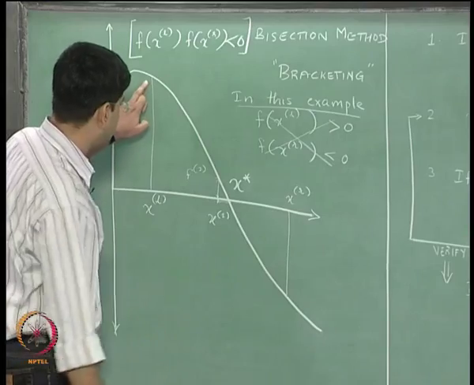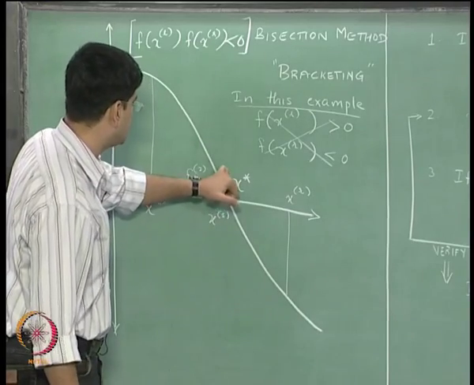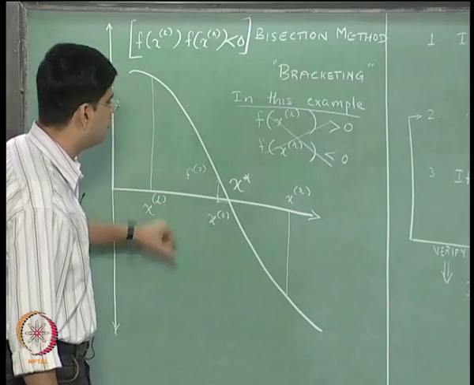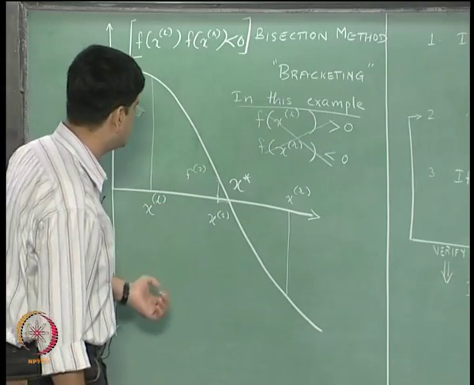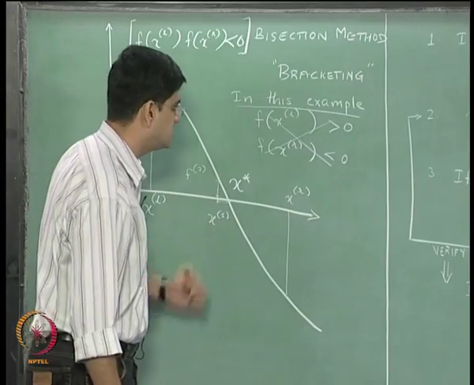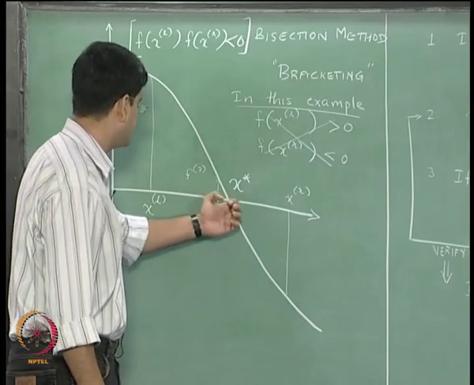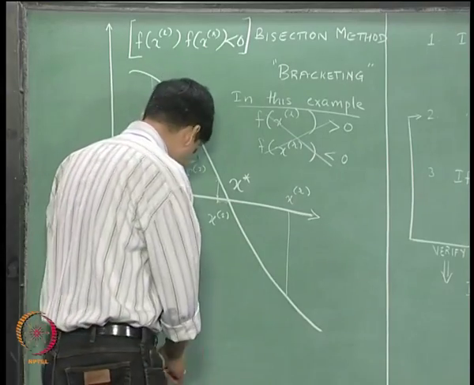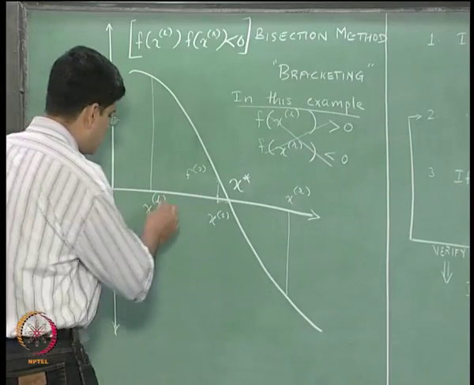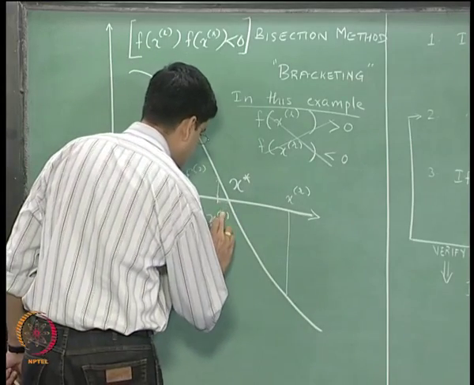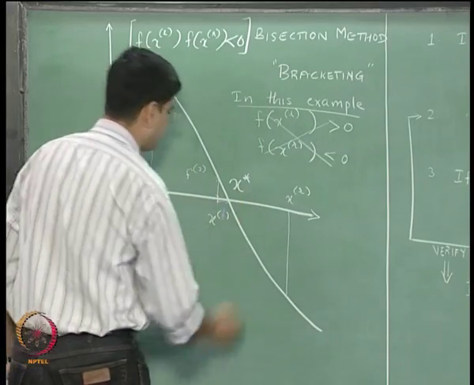F of xl is positive, f of x2 is positive, the product of these two terms is going to be positive. Therefore we are going to replace essentially xl with x2, because xl then is on the same side of x2. So now what we end up doing is, this is no longer our xl, this becomes our new xl.